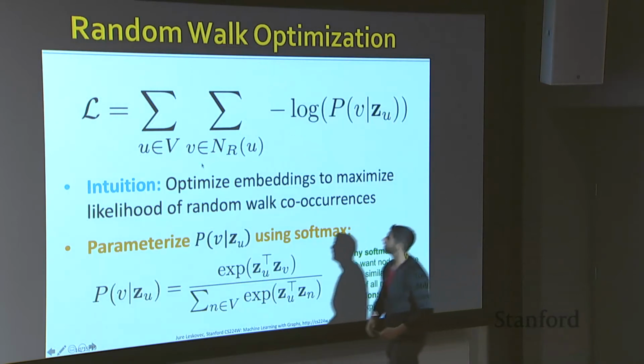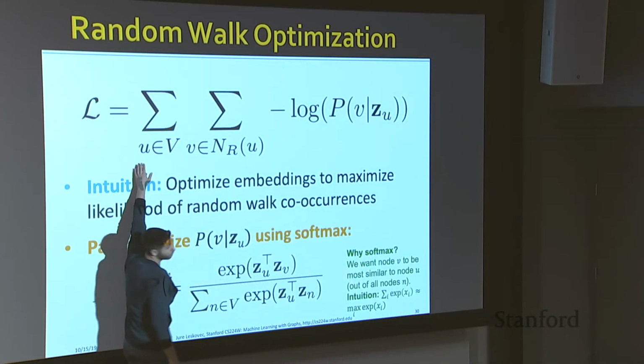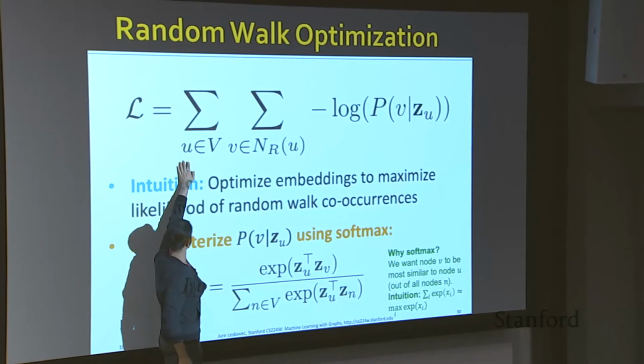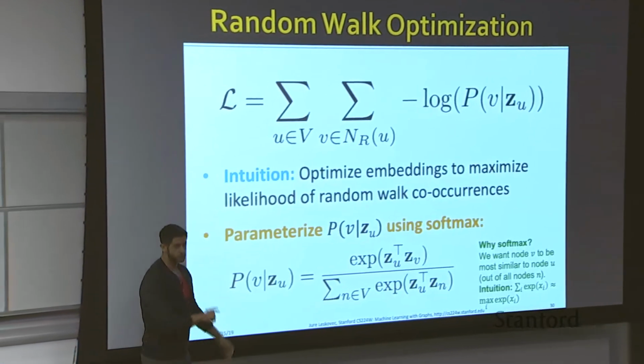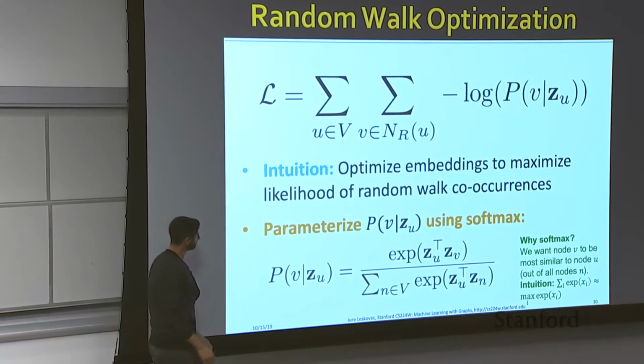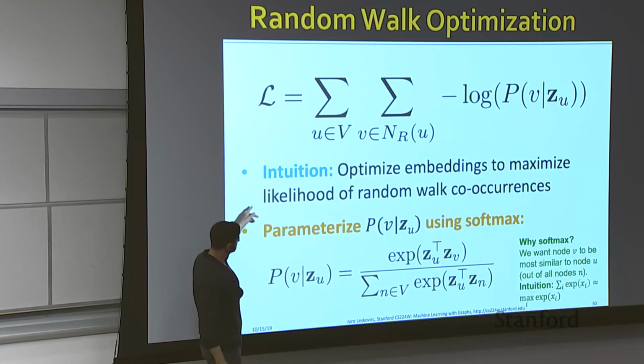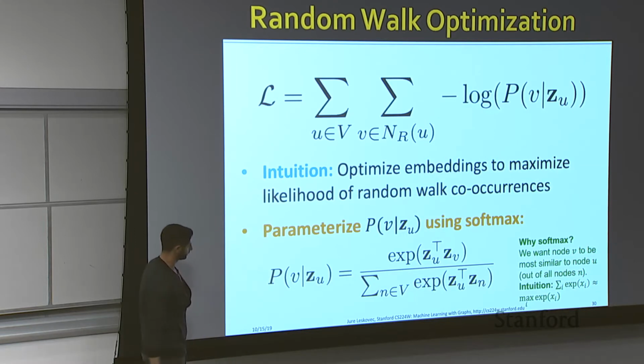And then we also have to do this for each node in our graph, so this is the vertex set of our graph. We're doing this for each single node in our graph. And once again, we're optimizing the embeddings to maximize that log likelihood.